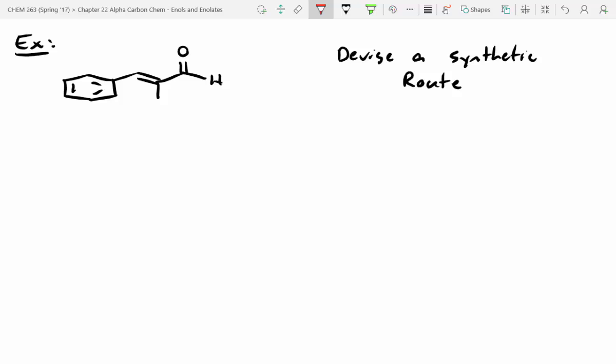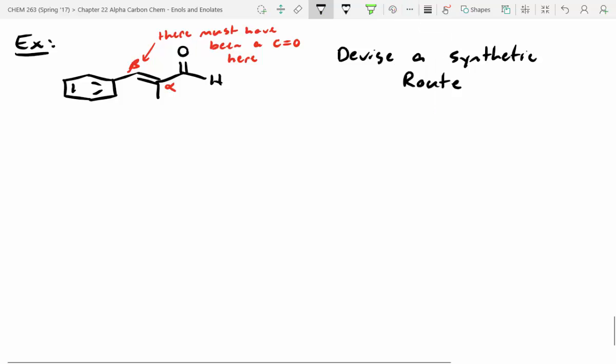We know the alpha position has got to be right here. Where's our beta going to be? Okay, where the alkene ends. That means that there must have been some sort of CO double bond coming off that beta position, right? Okay, so let's kind of work backwards and break this apart.